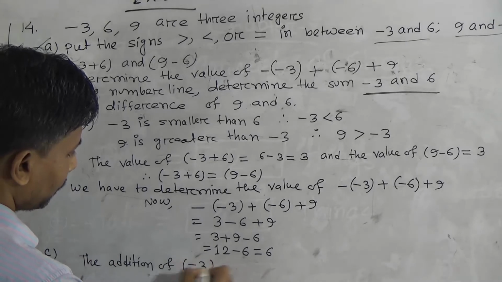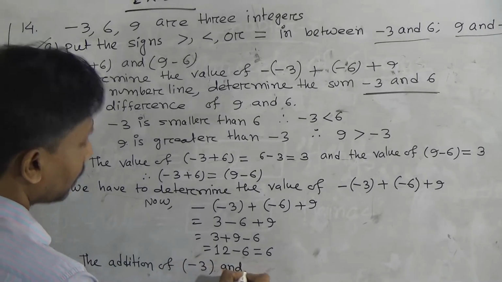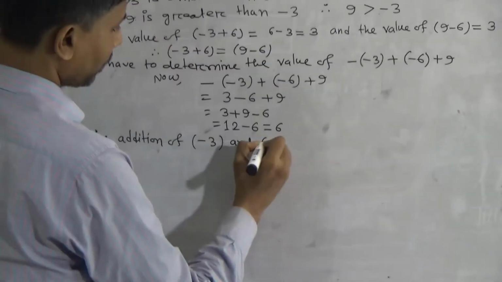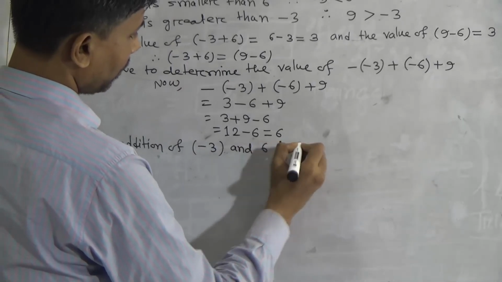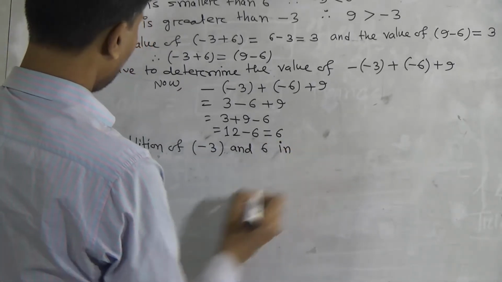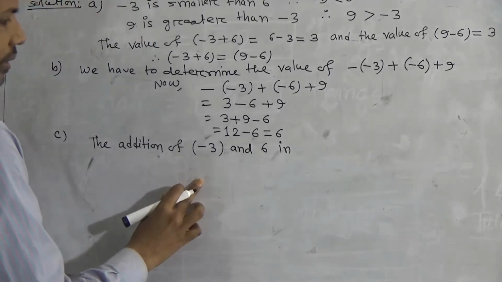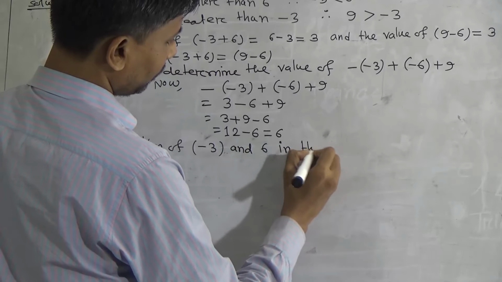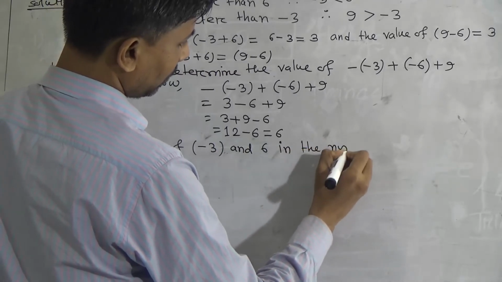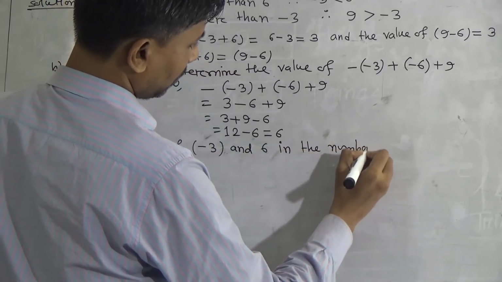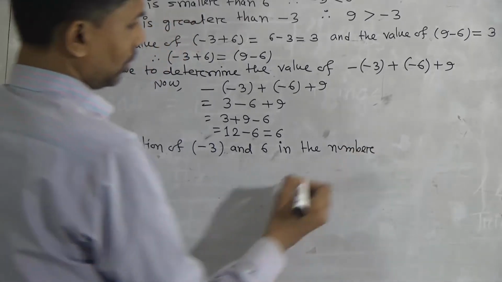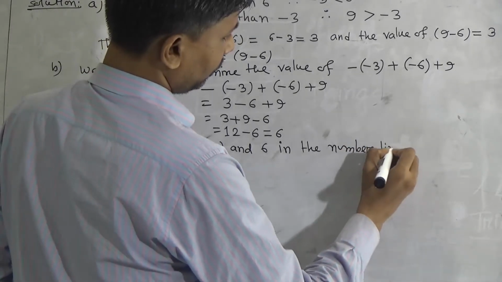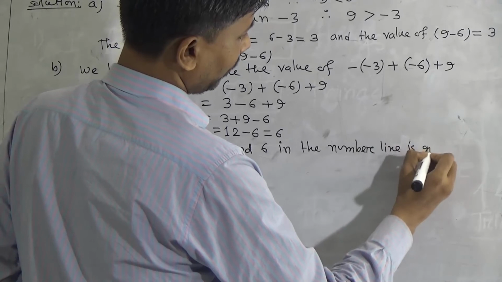minus 3 and 6, the addition of minus 3 and 6 in the number line is given below.